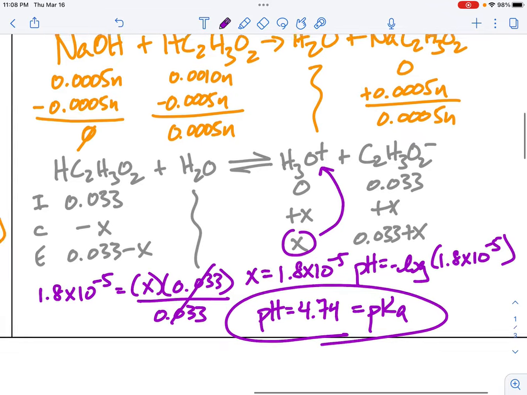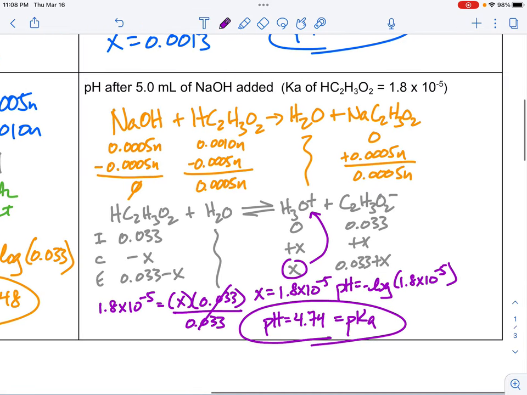Okay? Now, the equivalence point, if we back up a little bit, we want to remember what we had initially in our flask. Okay, so initially in our flask, we had 10 milliliters of a 0.1 molar acetic acid solution. Okay, writing this near the top of the screen.